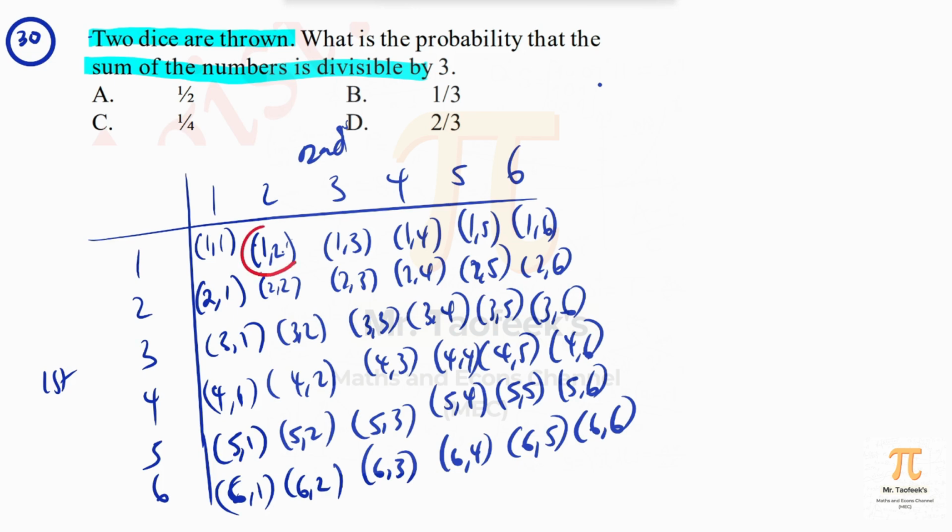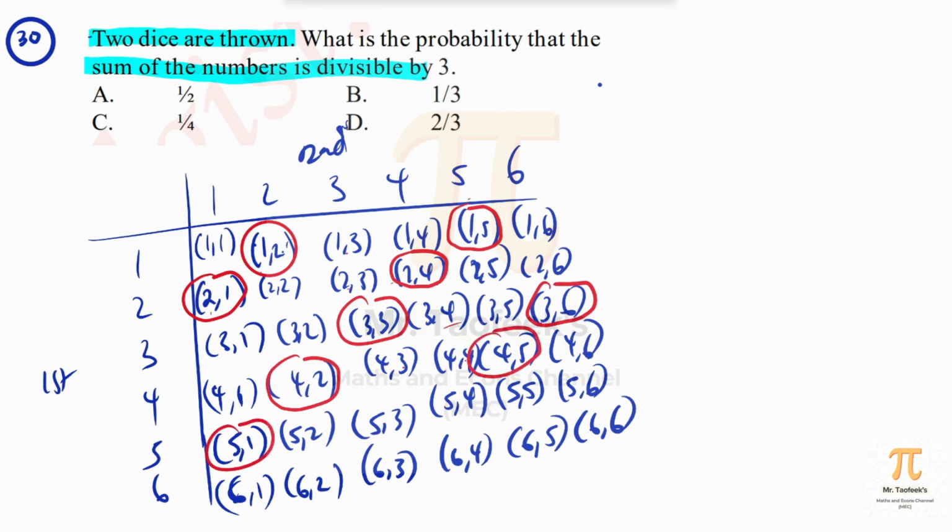So this is 2, this is 3, this is 4, this is 5, this is 6, it's divisible by 3. Then 7, 8, no. And we continue through the rest of the sums, up to 12.